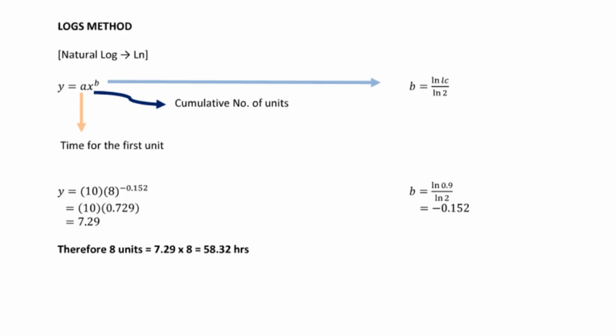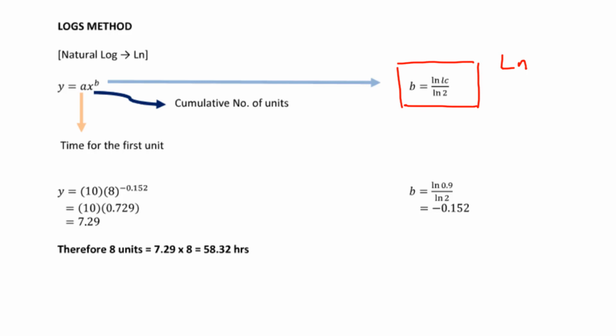What does a mean? A represents the time for the first unit, which in our case was 10. X represents the cumulative number of units, which in our case was 8. And b is the log of the learning curve over the log of 2. On your calculators, you should have a key that we often call ln, which is the natural log.